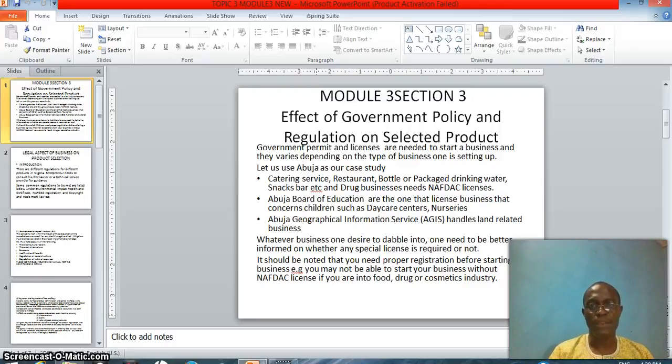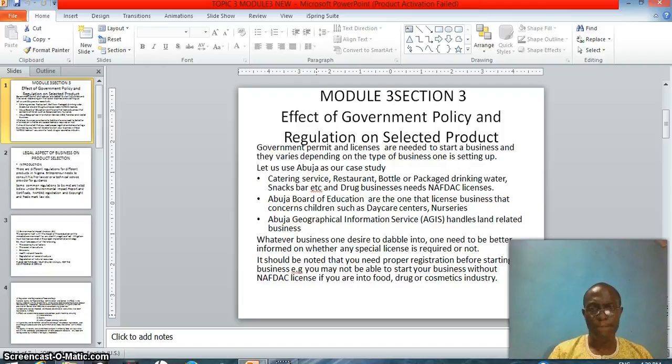Government permits and licenses are needed to start a business, and they vary depending on the type of business one is setting up. Let us use Abuja as a case study. Catering service, restaurant, bottled or packaged drinking water, snack bar, etc., and drug business need a NAFDAC license.